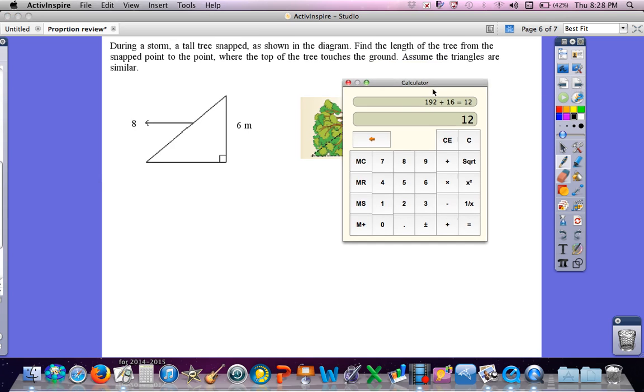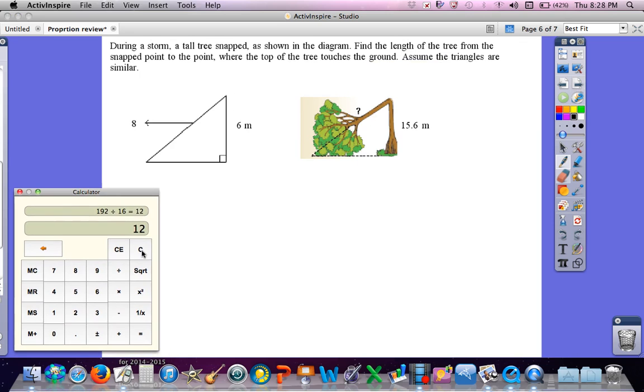This can also be used, once again, we're using similar figures to solve a real-world problem, because during a storm, a tree snapped, as shown in the diagram. And you can see that that tree kind of makes a triangle. Now they are telling us that we are assuming that this tree and this triangle are similar.